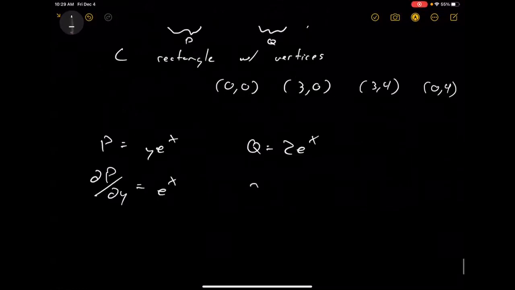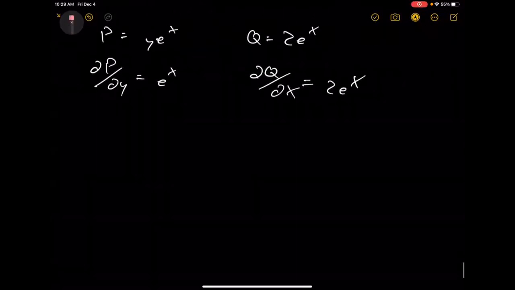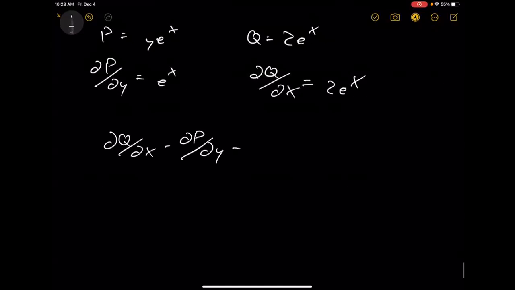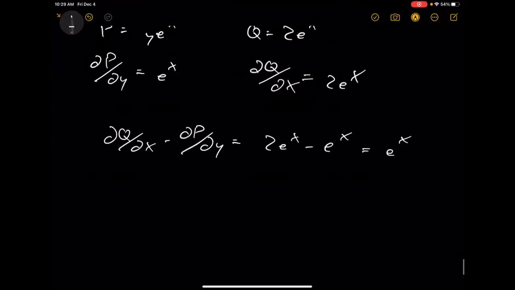It's e to the x. What's dou Q over dou x? 2 e to the x. So dou Q over dou x minus dou P over dou y is equal to 2 e to the x minus e to the x, which is just equal to e to the x. Okay, so my double integral becomes e to the x dA.